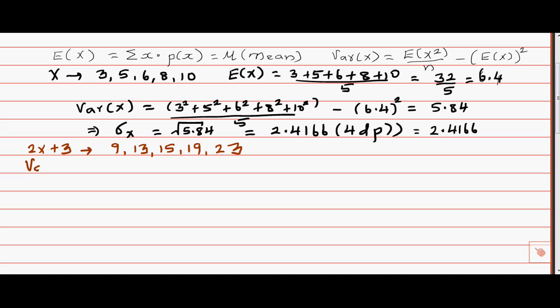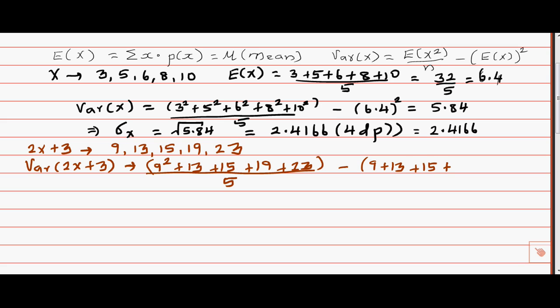Okay, so the variance of 2x plus 3 is basically the data squared: 9 squared plus 13 squared plus 15 squared plus 19 squared plus 23 squared, divided by 5, minus the expected value, that is the mean: 9 plus 13 plus 15 plus 19 plus 23, over 5, squared.